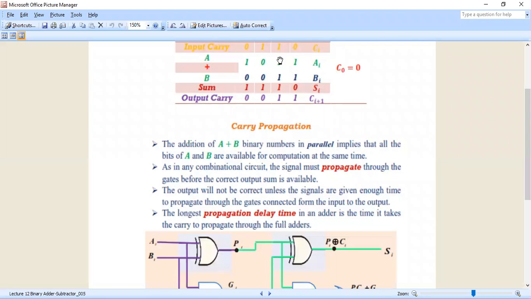That delay is known as propagation delay time. The carry needs some time to pass to the next adder. That is nothing but propagation delay time.